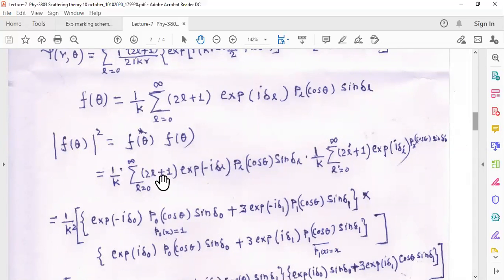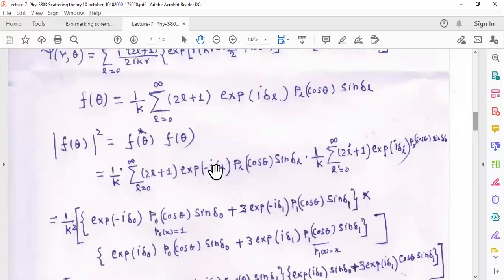So I take L equal to 0 first. When I take L equal to 0, I get exponential of minus i delta 0, P0 of cos theta, sin delta 0. So I take the first term of this sum. Then L equal to 1: 2 into 1 is 2, plus 1, it is 3.